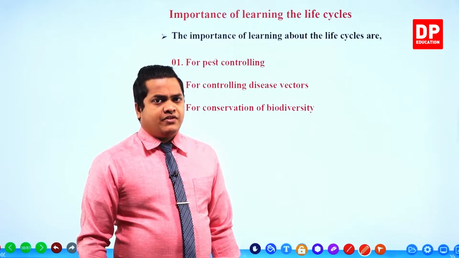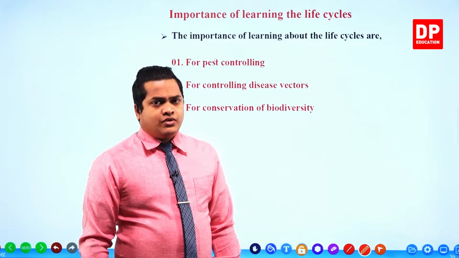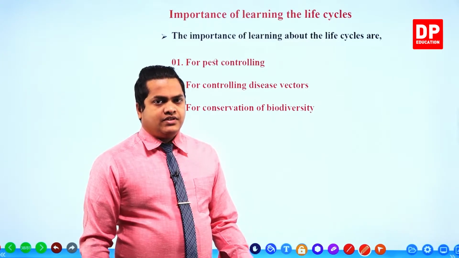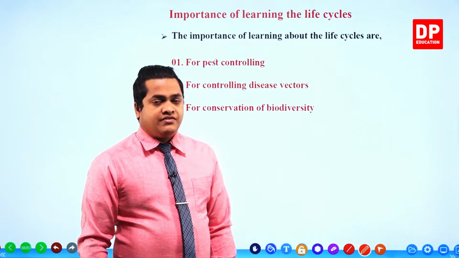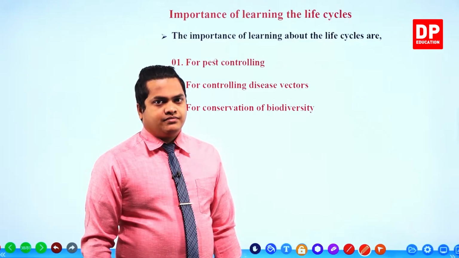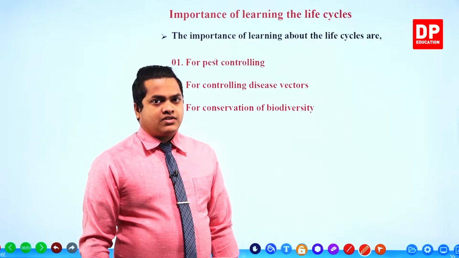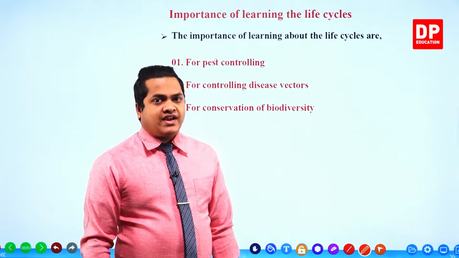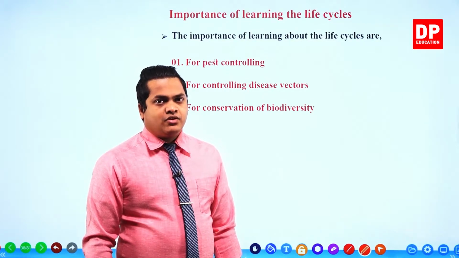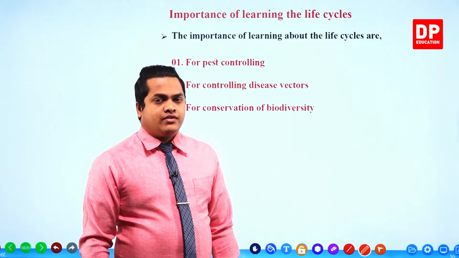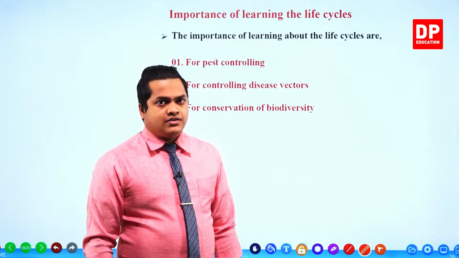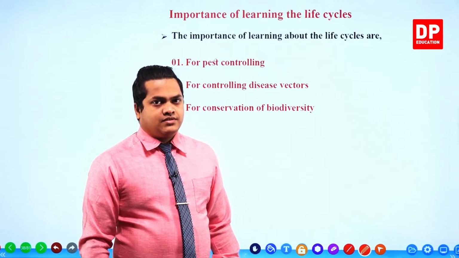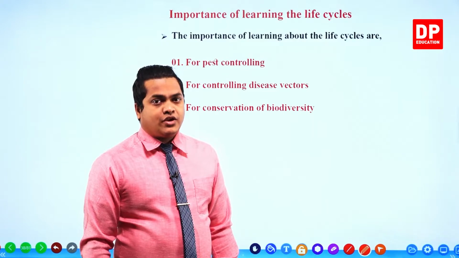For example, if you take a mosquito, you know that these days there is rain. If there is rain, my dear children, then there is a problem. What is the problem? Mosquito breeding places are going to be active, and these breeding places are going to give rise to mosquitoes to a large extent. So there might be severe cases of dengue.